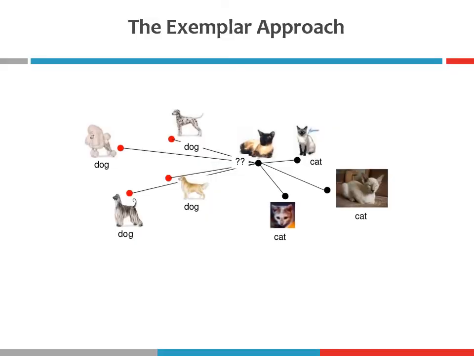All right, so we're going to talk about one more approach to categorization in this video, which is the exemplar approach. So like the prototype approach to categorization, the exemplar approach says that in order to categorize a concept into a category, what individuals do is they compare that new object to a standard object, right?